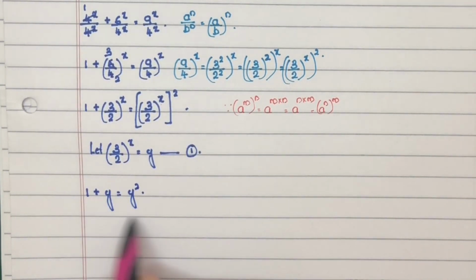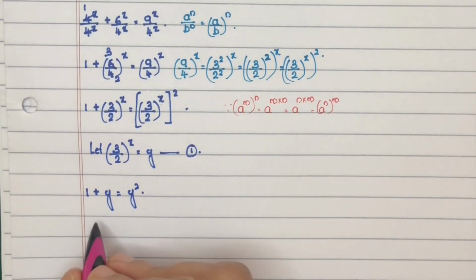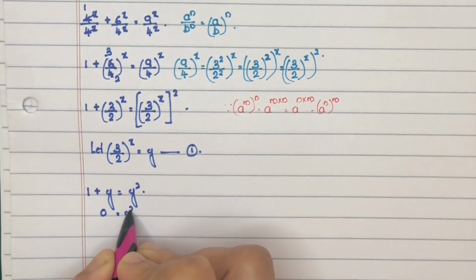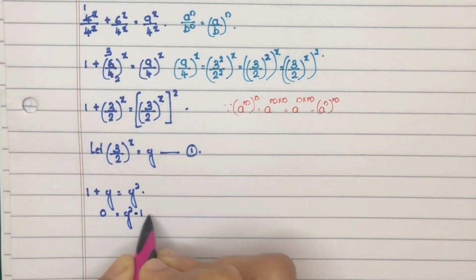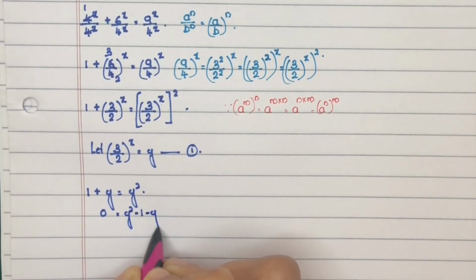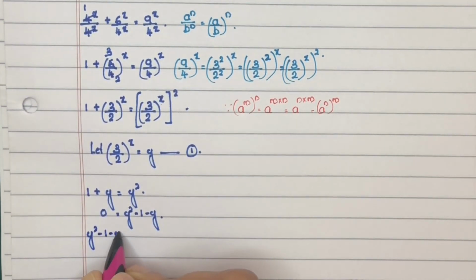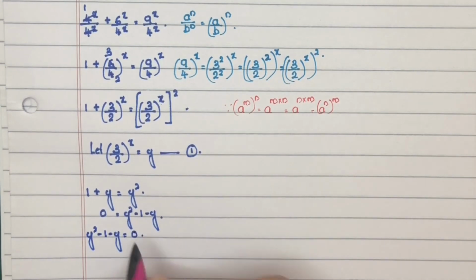Now take 1 plus y to RHS. So LHS becomes 0 equal to y square minus 1 minus y. This is same as y square minus 1 minus y equal to 0.